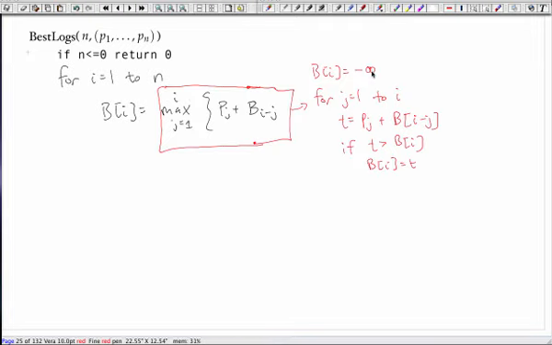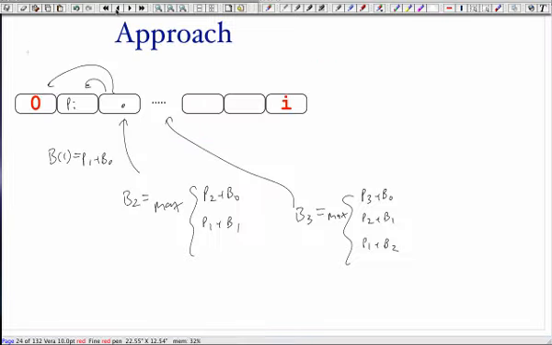All right, let's regroup and take a look at one possible solution here. So the idea is that we're going to start in this array right here. This array B is going to store the best way to cut a log of size i. And so, of course, if you have a log of width 0, the most money you can make from that log is 0.